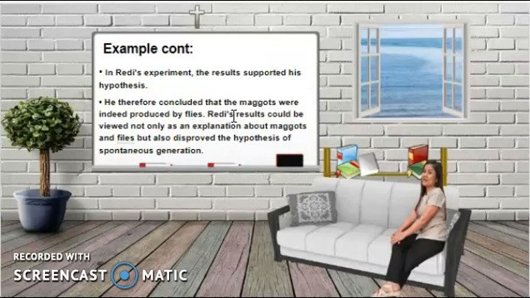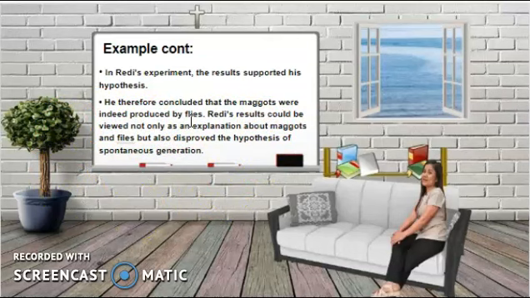Let's recall that Francesco Redi hypothesized that flies laid eggs on the meat and the eggs then turned into maggots. So therefore, he concluded, based on his result, that the maggots were indeed produced by flies.